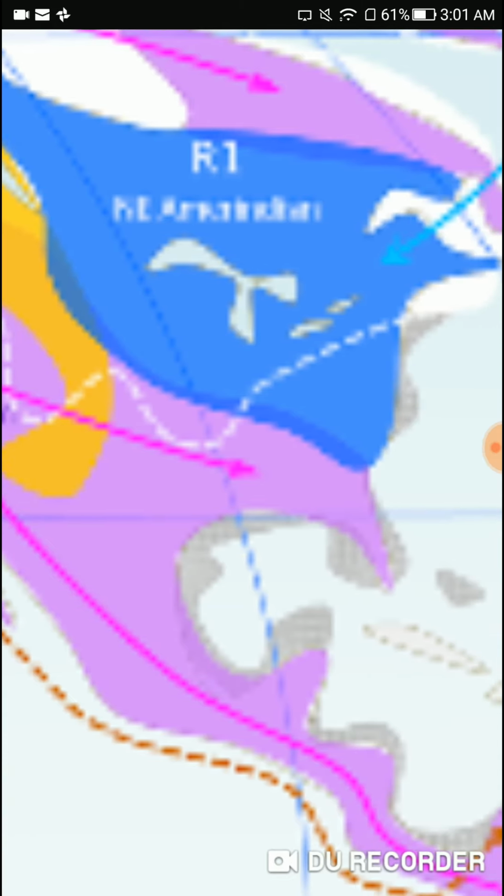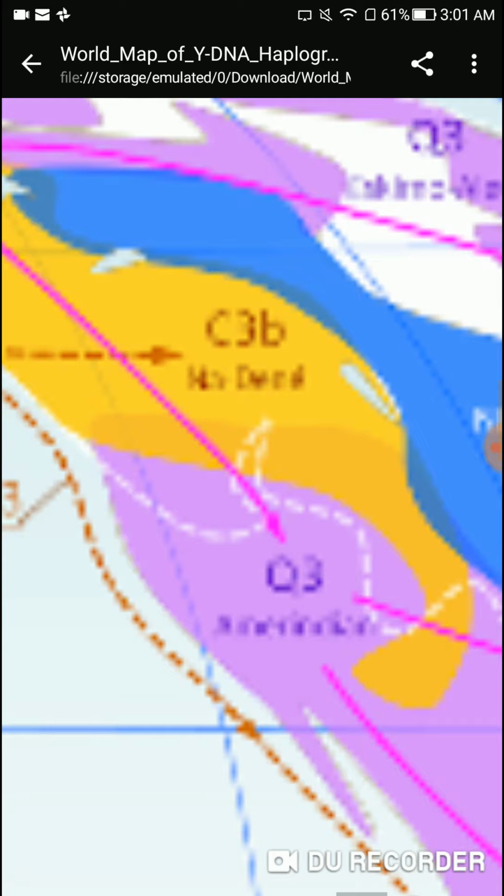So this Native American group is not often recognized by governments and NGOs and commercial DNA companies. Some might recognize them as Native Americans, some might not. And that's because this R1 is found in Asia.